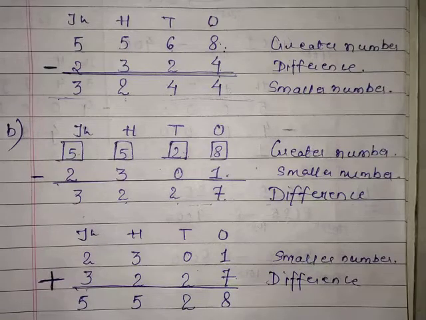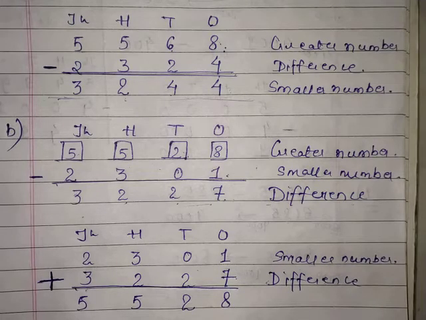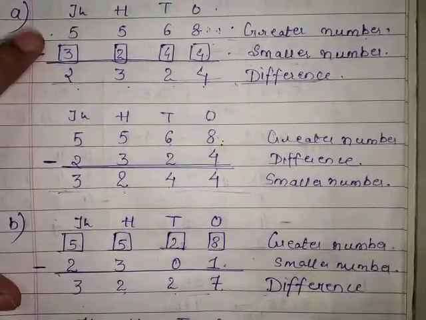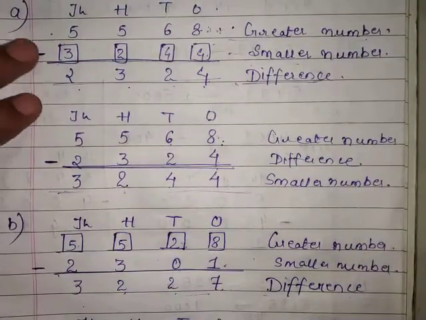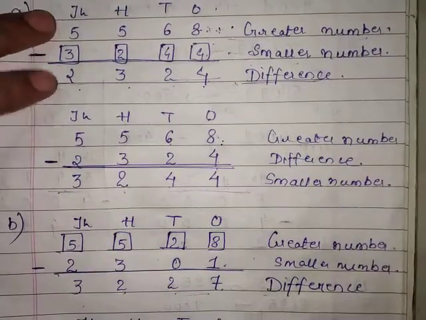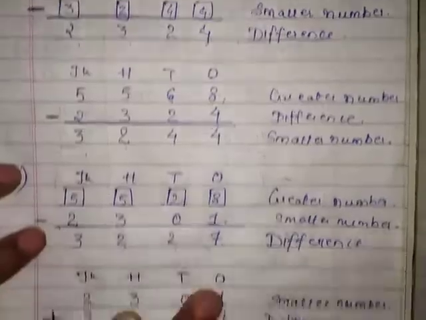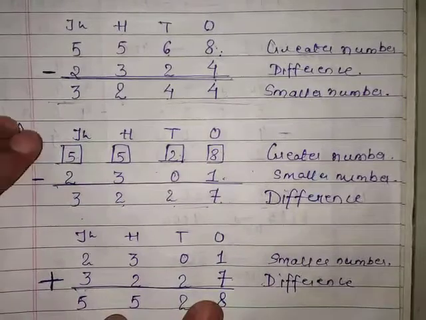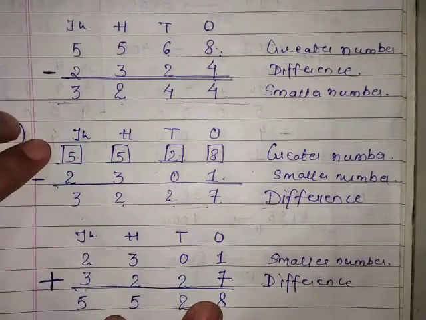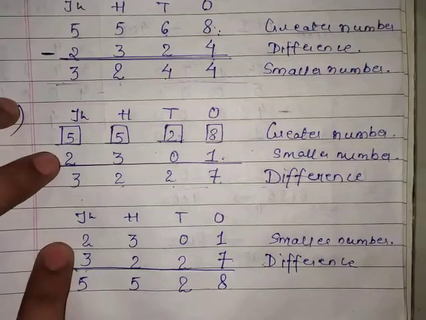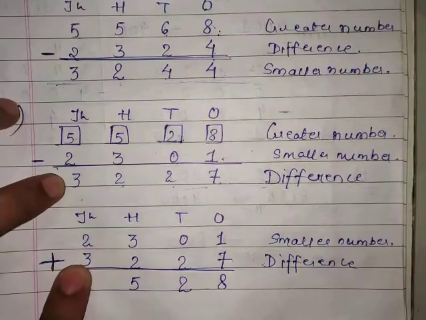So in this way, we came to know that to find the smaller number, we have to subtract the difference from the greater number. And in the same way, to find the greater number, we have to add the smaller number and the difference.